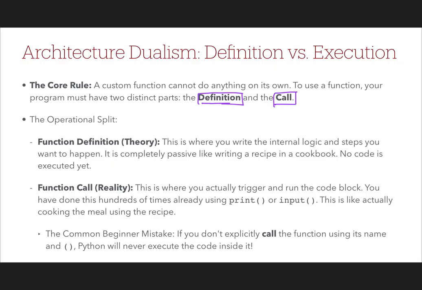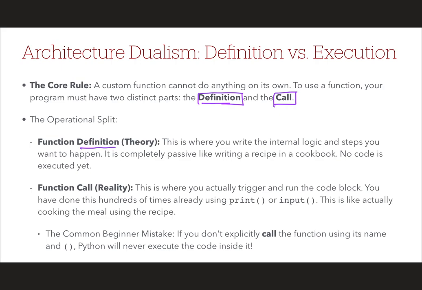In the function definition, you write the internal logic and steps you want to happen. It is like writing a recipe in a cookbook. But when you write a recipe in a cookbook, it does not actually make any food, right? So the code is not executed yet.